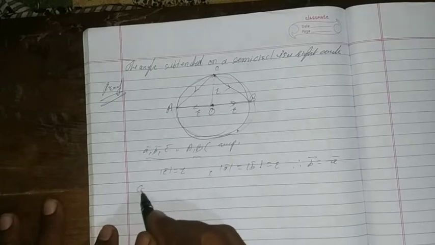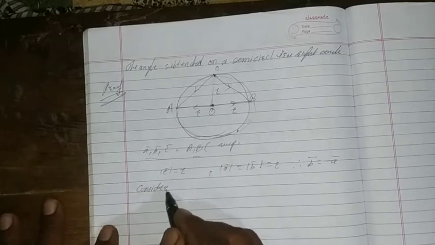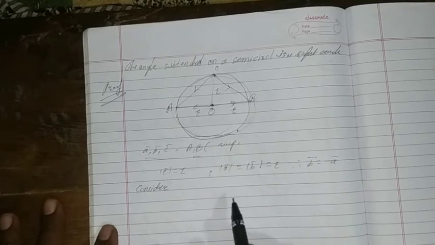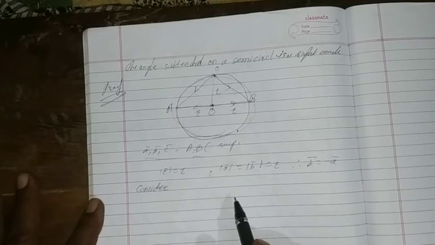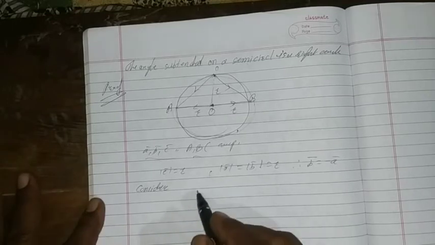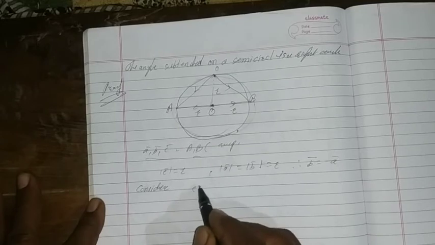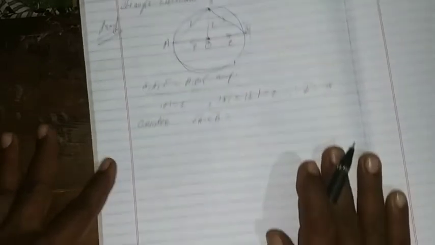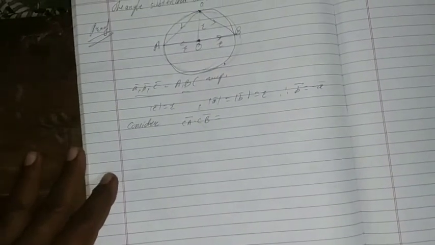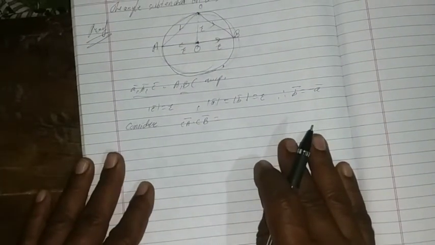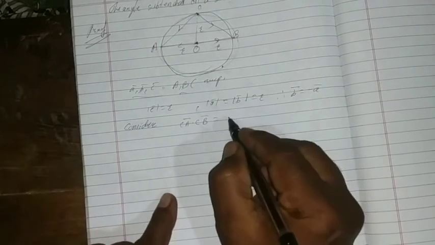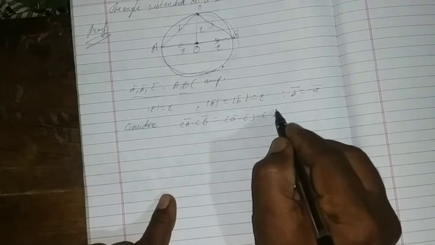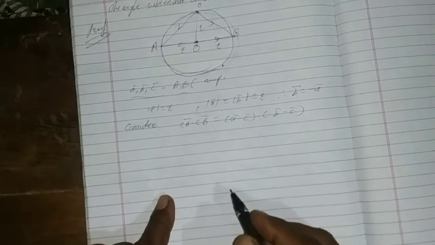कन्सिडर, काय कन्सिडर करायचं पहा, कन्सिडर वेक्टर सी ए डॉट वेक्टर सी बी. We have to consider vector CA dot vector CB. By the definition of position vectors, vector A minus vector C dot vector B minus vector C, right?